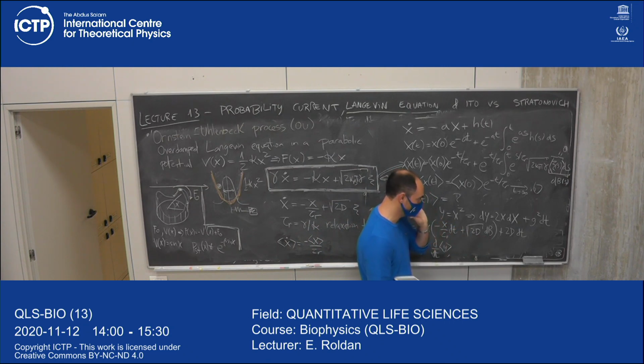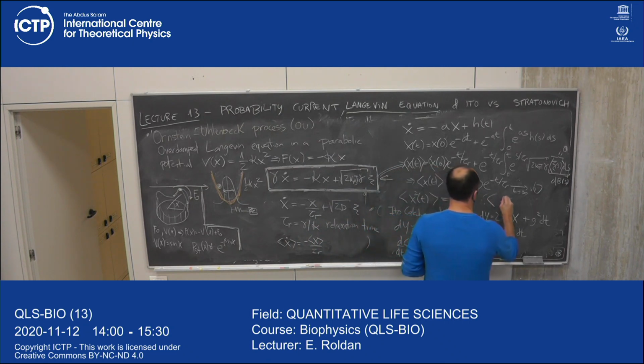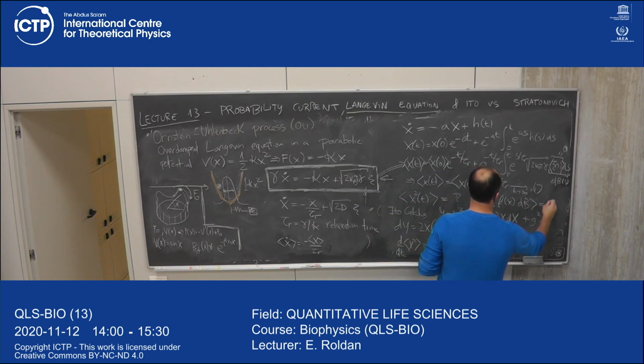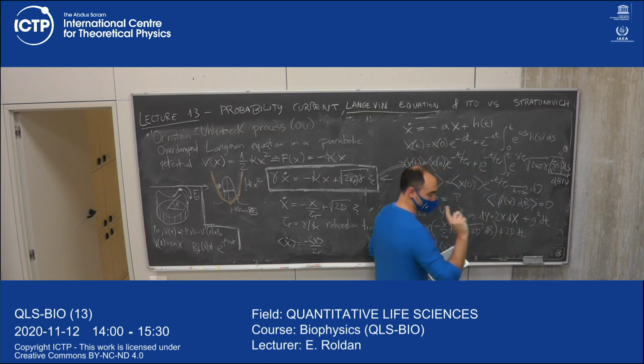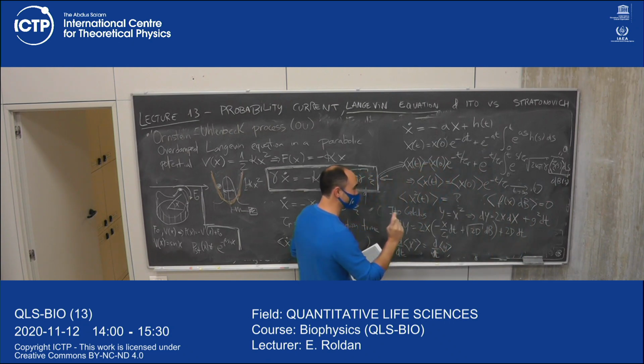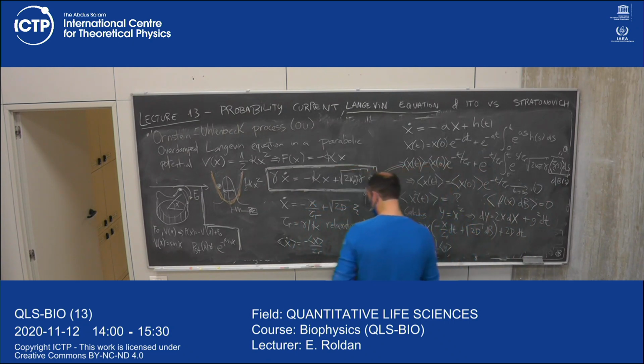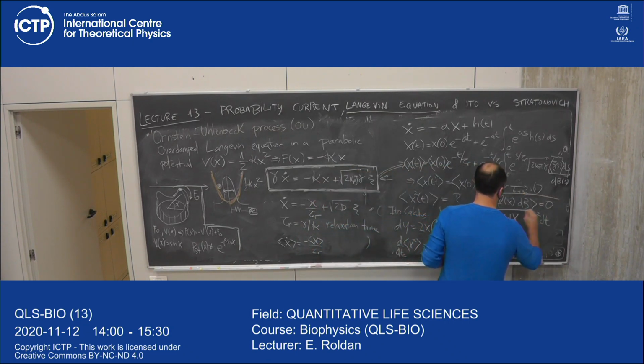This I will explain to you in the next class, that the average of x dB equals 0. Okay, very important. This will come in the next lecture. That's why I'll put it in green.